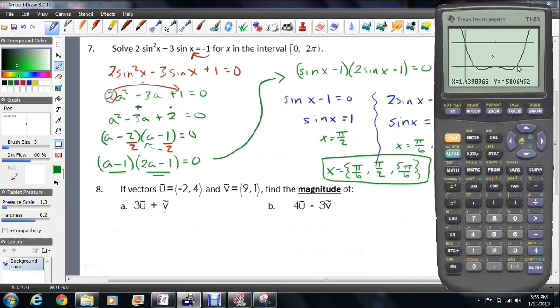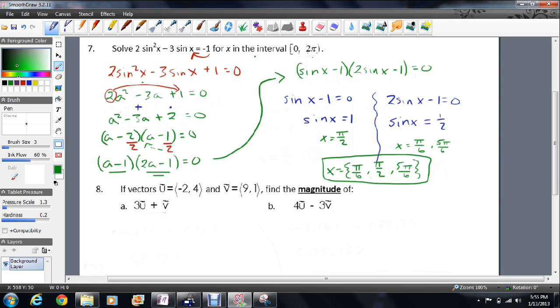Now, make sure that you follow the directions and only give the answers that are between 0 and 2 pi. 2 pi is approximately, 0 to 2 pi is the same thing as saying 0 to 6.28. So on our graph, we only want answers that are up to 6.28.